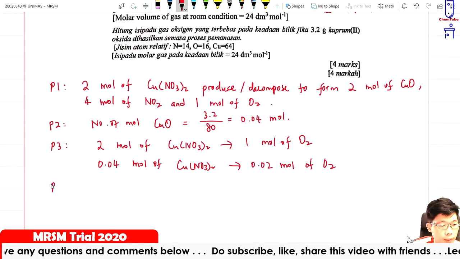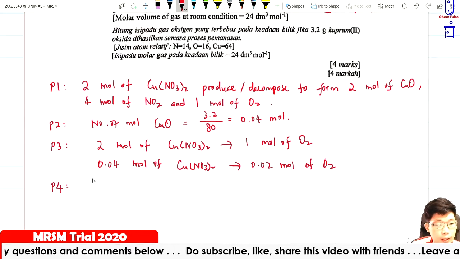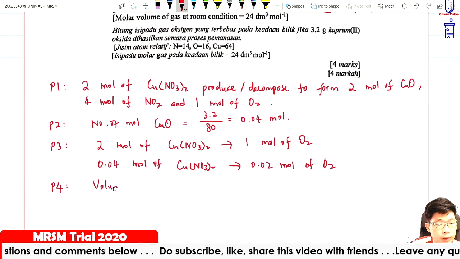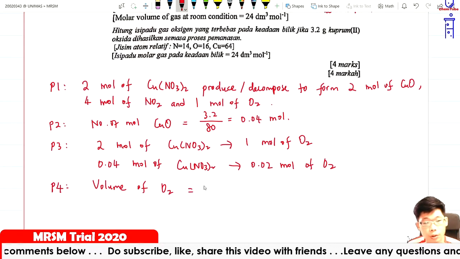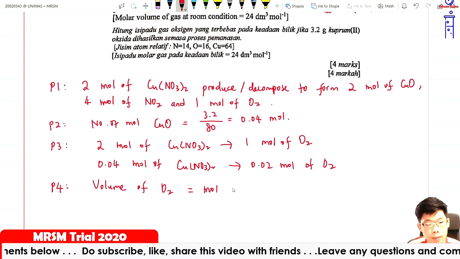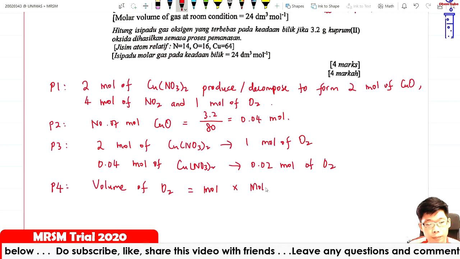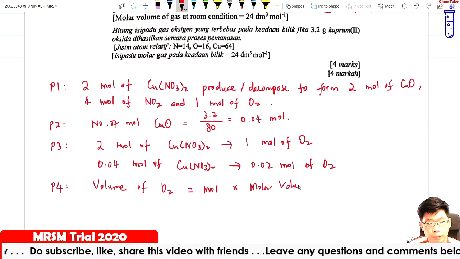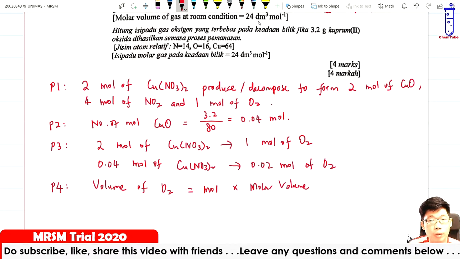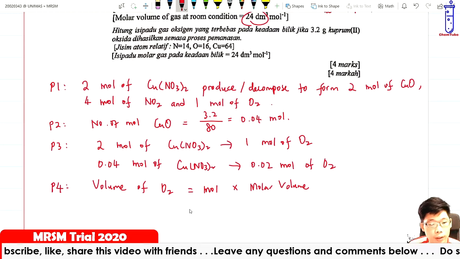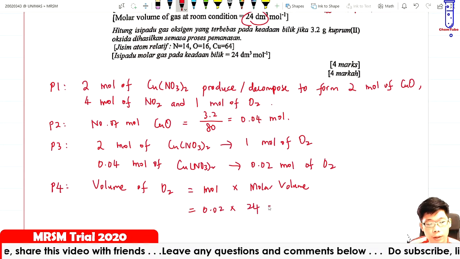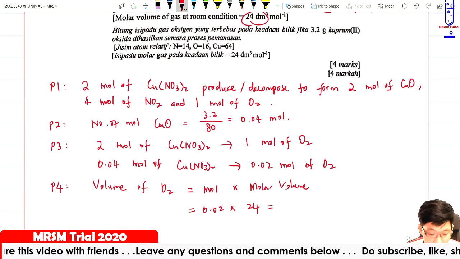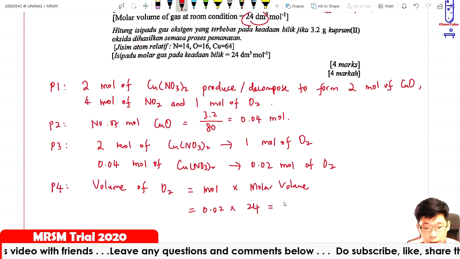So point number 4, need to find out volume of oxygen. Volume of oxygen, so you get mole times the molar volume. Molar volume is 24. So mole is 0.02 times 24, so you will get 0.48 cubic decimeter.